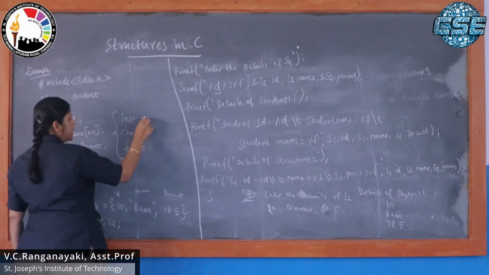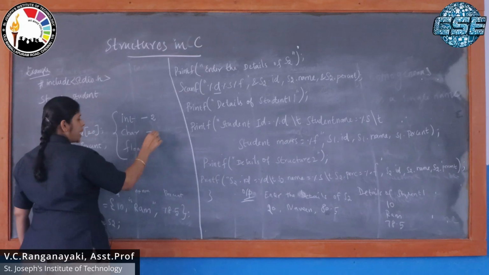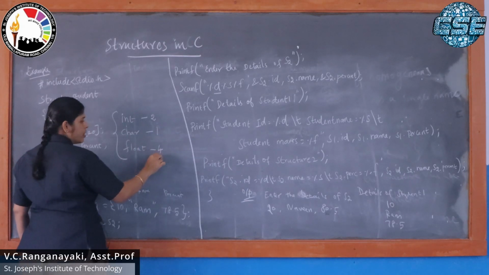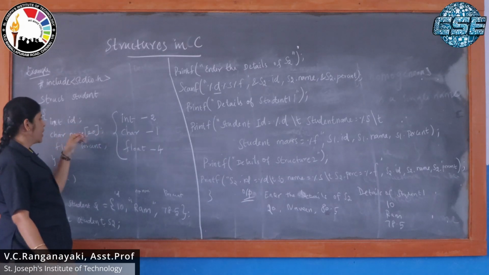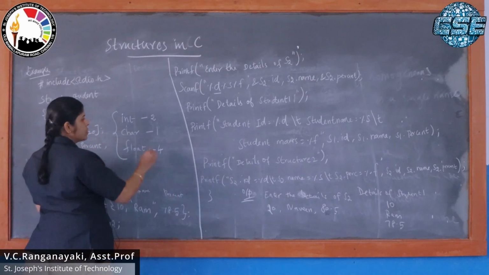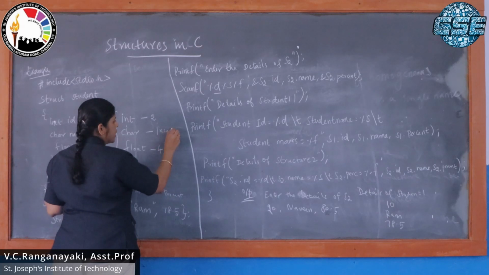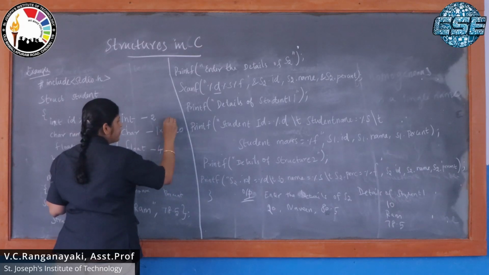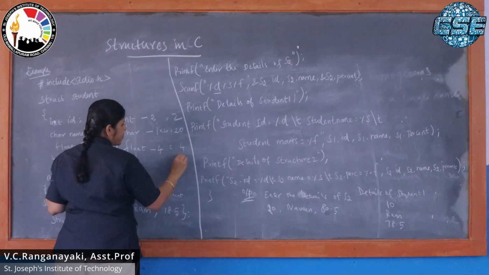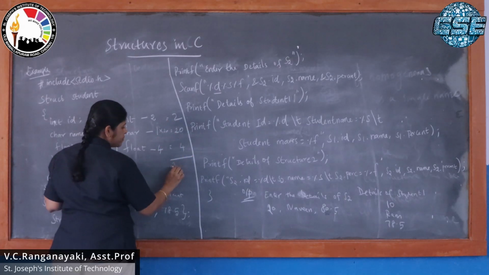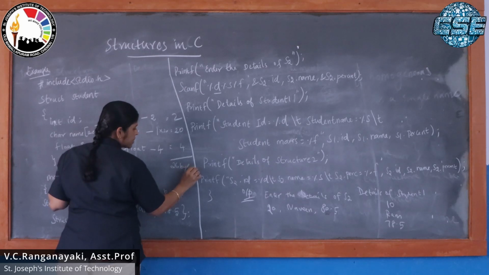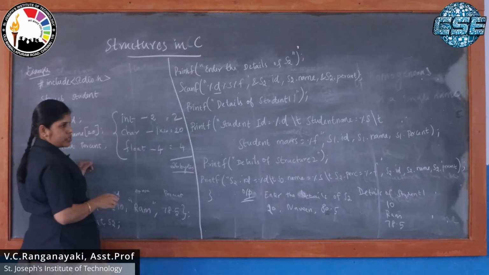For example, int 2, char 1, float 4. Here I gave char name of 20, so 1 into 20 is 20, plus 2 plus 4, totally 26 bytes will be allocated in this structure.